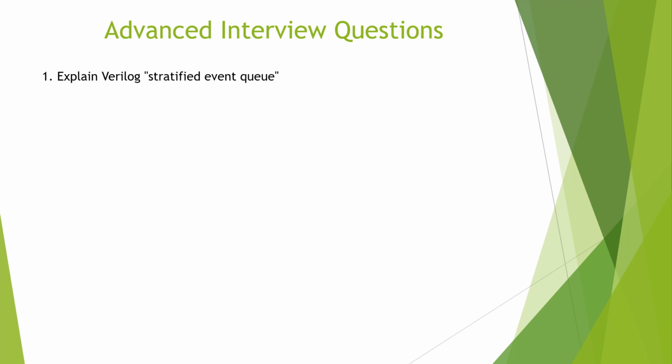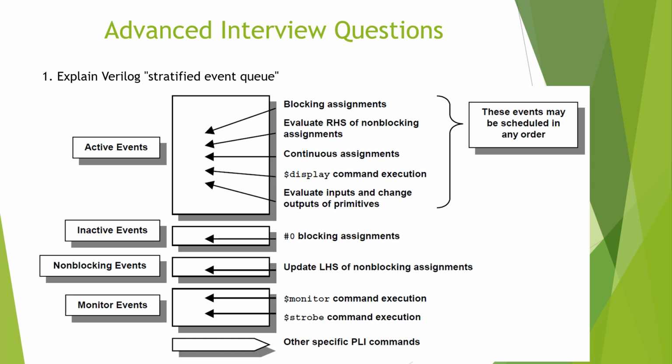So the first question is, what is the Verilog stratified event queue? This diagram explains the Verilog stratified event queue. An examination of the diagram helps to explain how Verilog blocking and non-blocking assignments function.